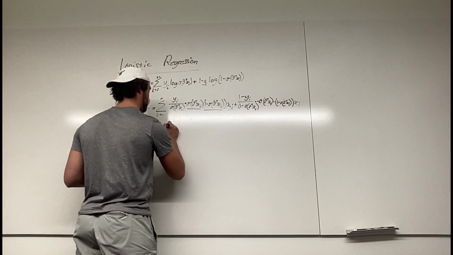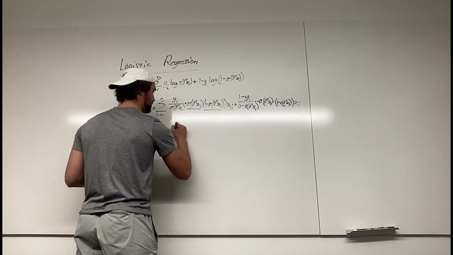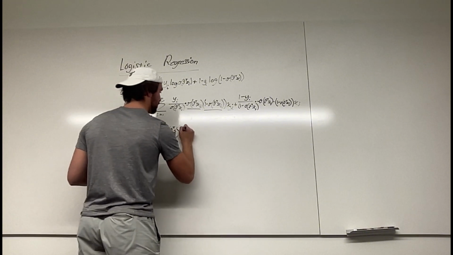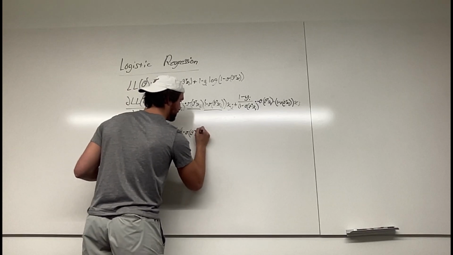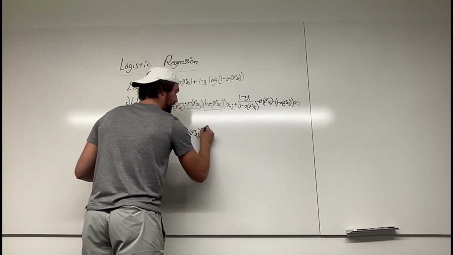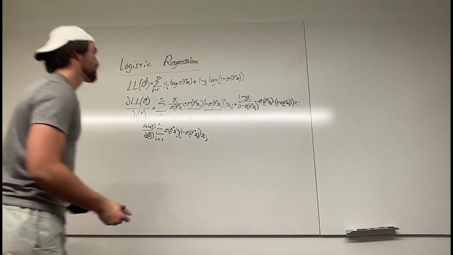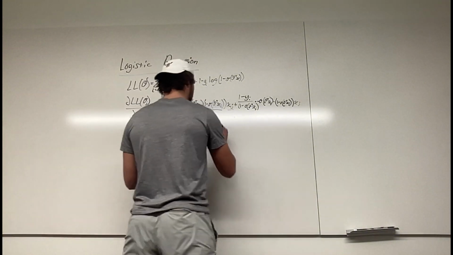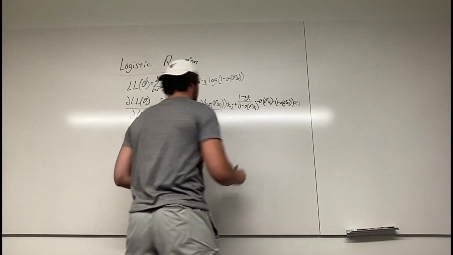Of times theta transpose x times 1 minus sigma of theta transpose x times xj. And then from here, we're left with this.